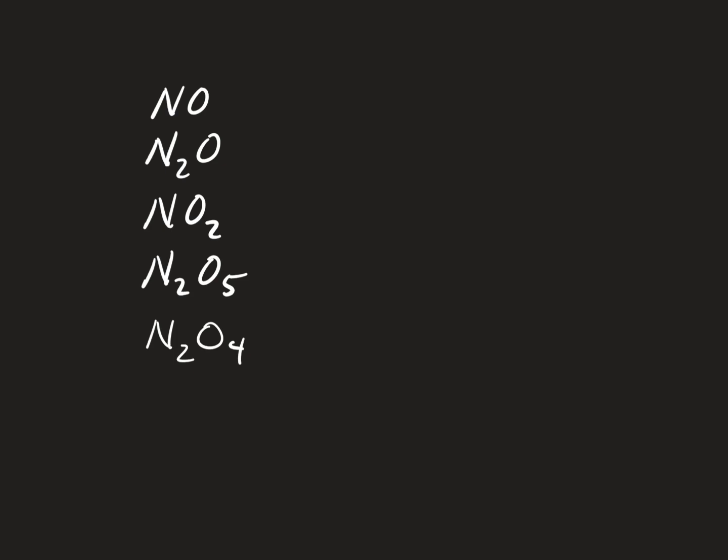Okay, so I'm going to now use the prefixes that I just showed you to name these compounds in front of me. And I think you're going to find this really easy, okay? First thing I'm going to do is I'm just going to call, here, I'll do this in red. I'm going to first name the first element, so nitrogen.